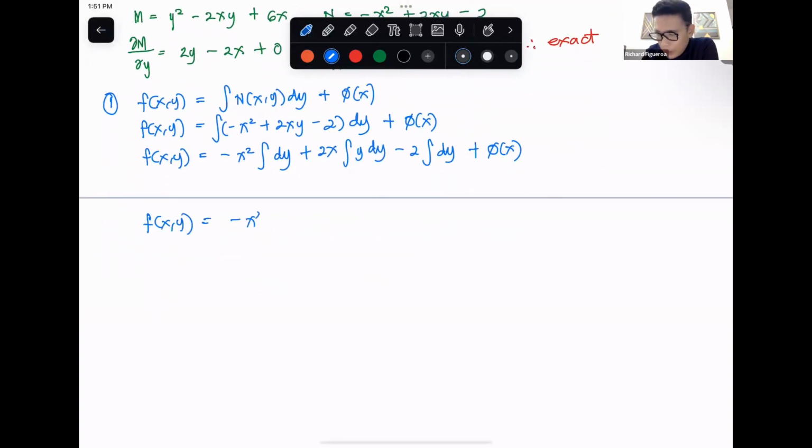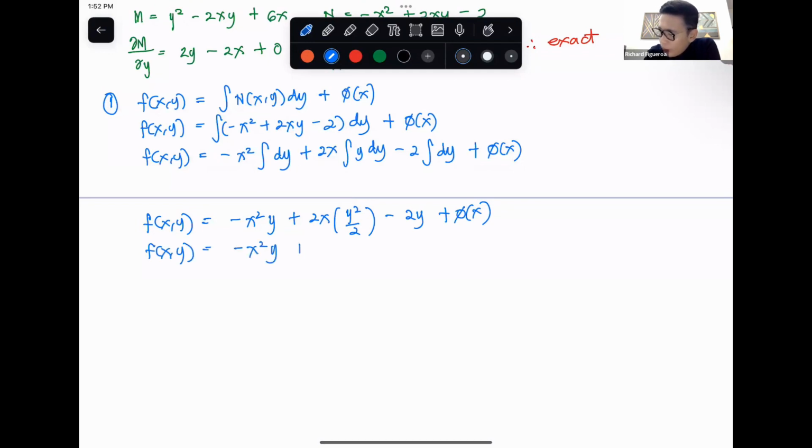Negative x squared, integral ng dy, that's y, and then plus 2x, integral ng y dy, it's y squared all over 2, and minus 2 dy, that will be y, plus p of x. So f of xy natin, simplify this one, negative x squared y, then plus xy squared minus 2y plus p of x.